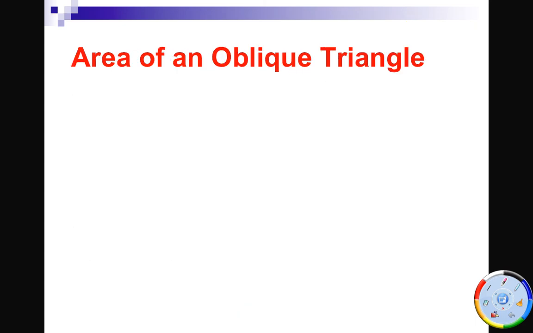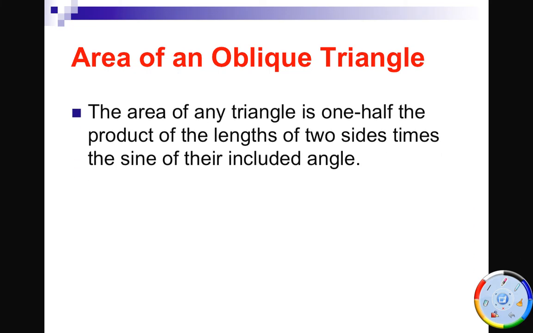All right, one little thing left to fill out here is the area of an oblique triangle. So if you're not given a right triangle, you can actually find the area pretty simply. The area of any triangle is 1/2 times the product of the lengths of two sides times the sine of their included angle.